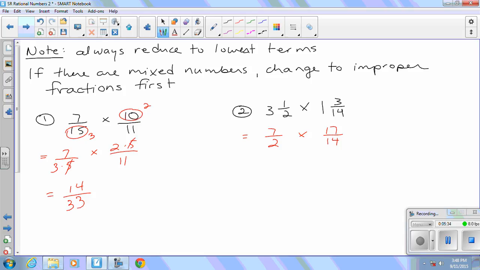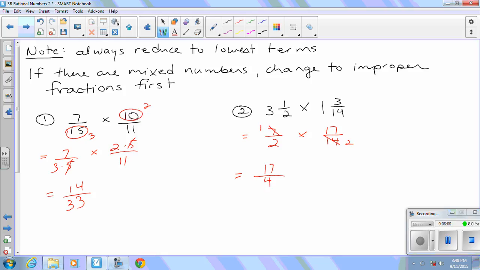The 2 times 14 maybe is not quite as hard, but we can reduce that ahead of time by recognizing that 7 has a factor of 7 and 14 has a factor of 7. So if we divide 7 by 7, we get 1. If we divide 14 by 7, we get 2. So now when we do our multiplication, we've got 1 times 17, which is 17, and 2 times 2, which is 4.